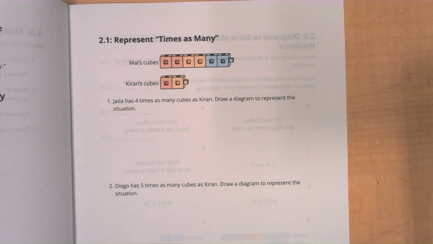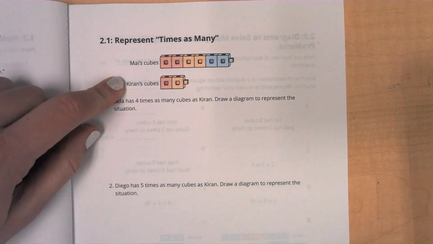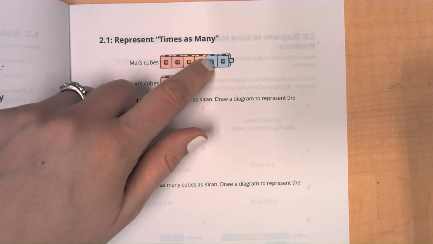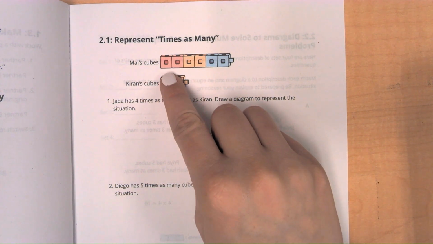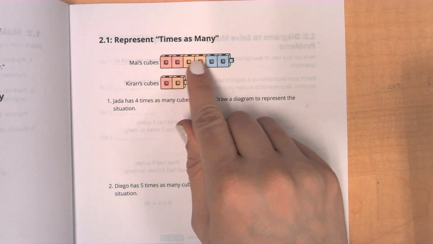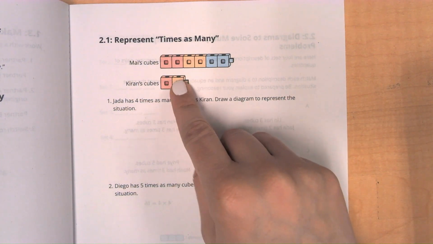We see that again here in lesson 2 on page 9. Mai's cubes and Kiran's cubes. Mai has 1, 2, 3, 4, 5, 6. Kiran has 1, 2. So, like I said, Mai is going to have 3 times as many, 3 groups, as much as what Kiran has.